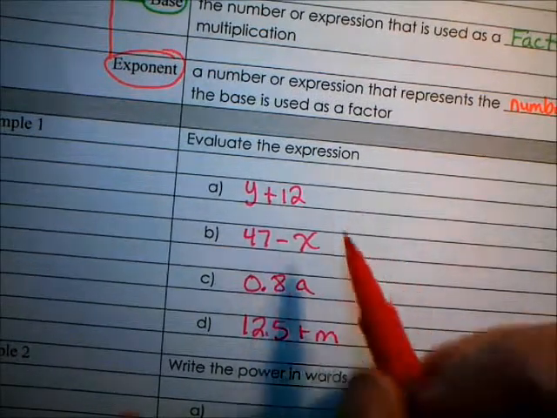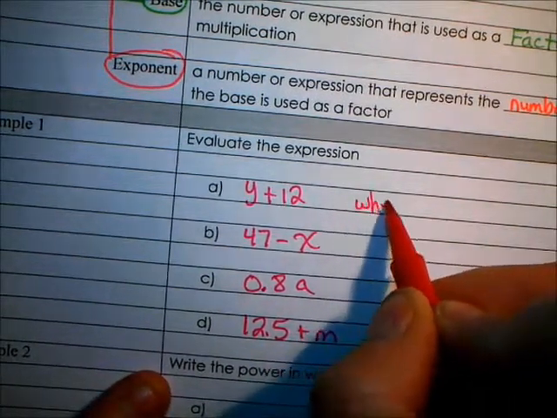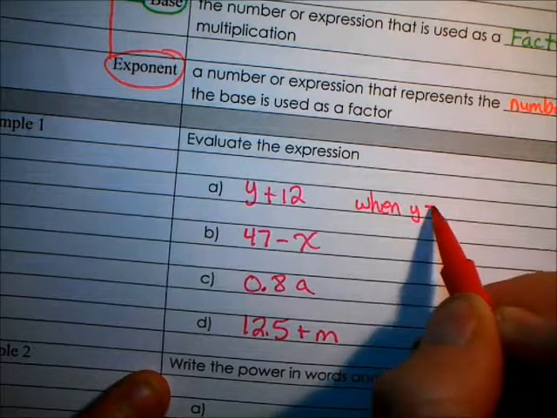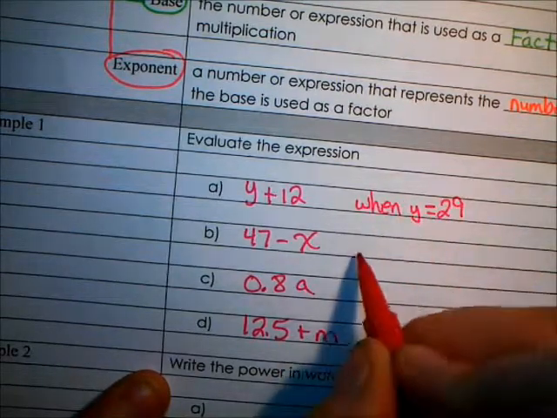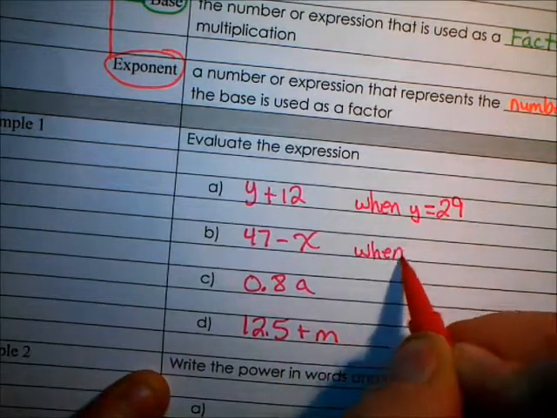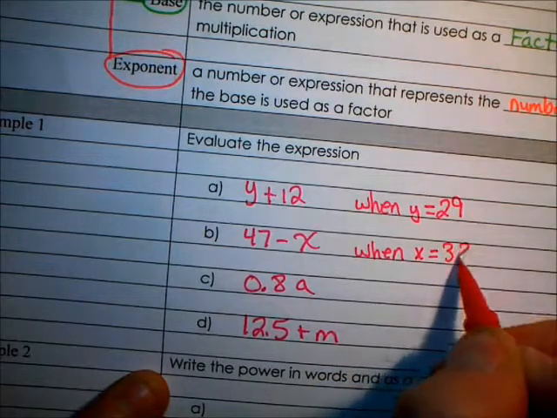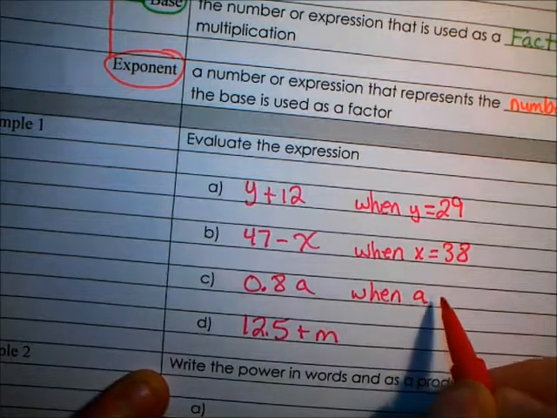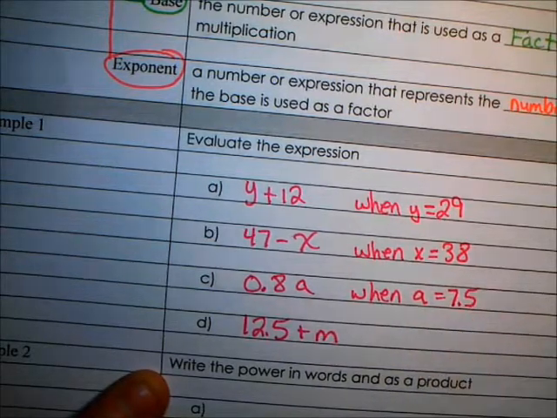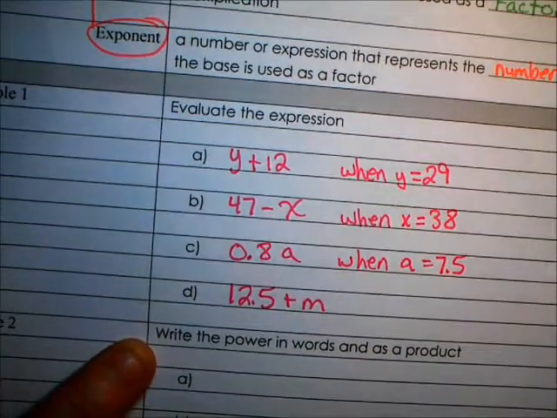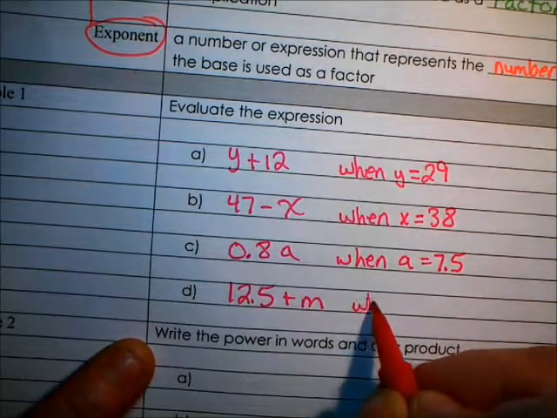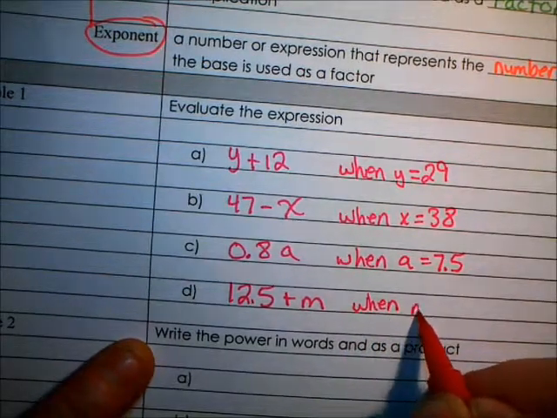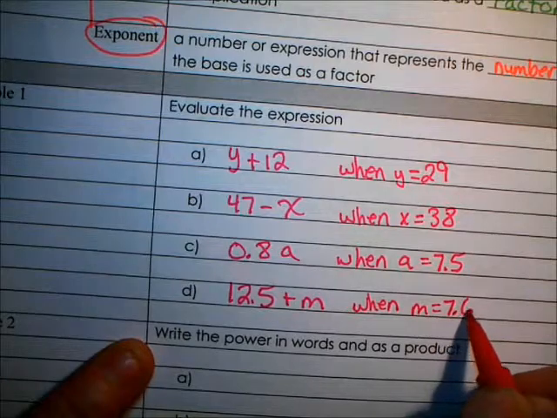Okay, and then on each one of these I say, well, let the y equal 29. On B, we're going to let the x equal 38. On part C, we're going to let the a equal 7.5. And on D, we're going to let the m equal 7.6.